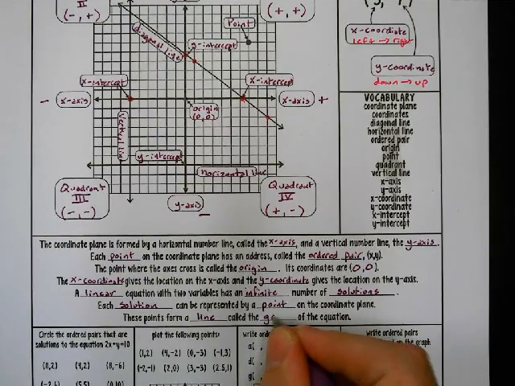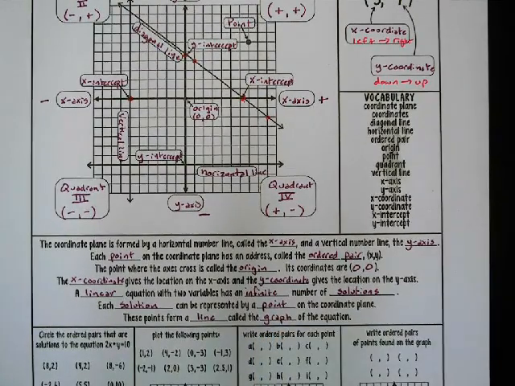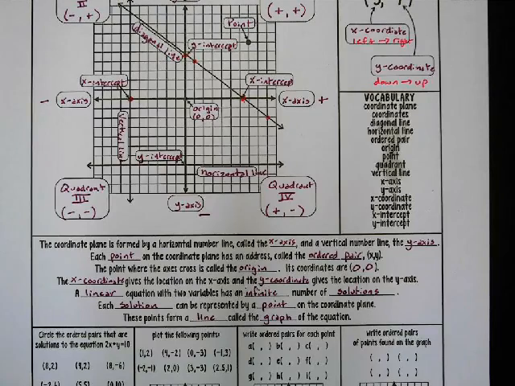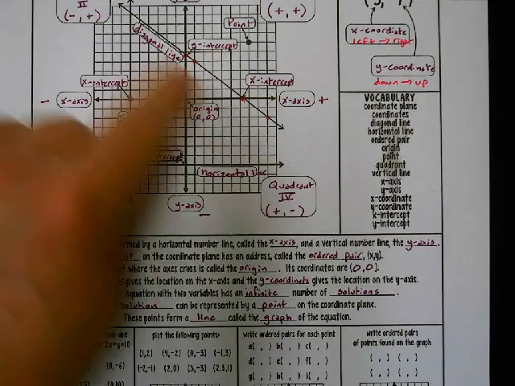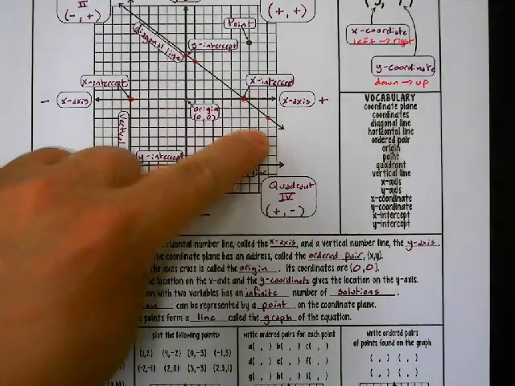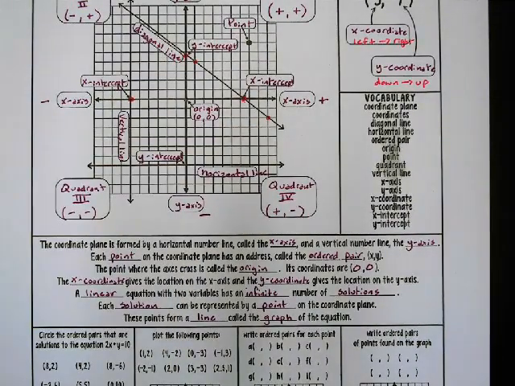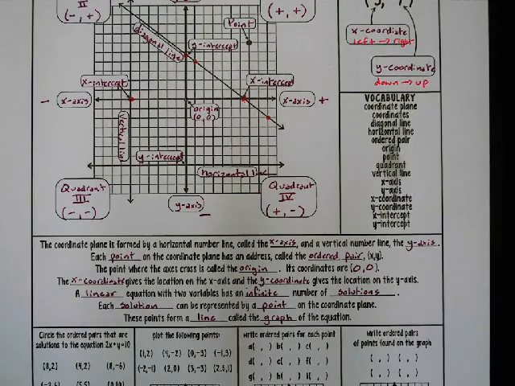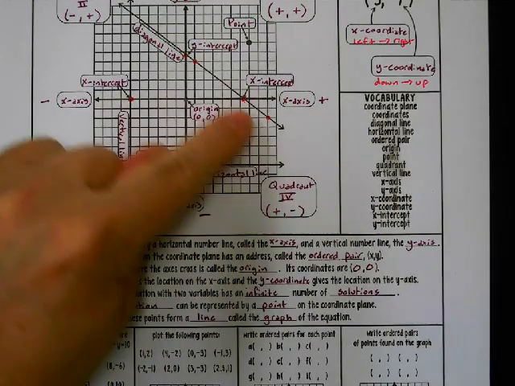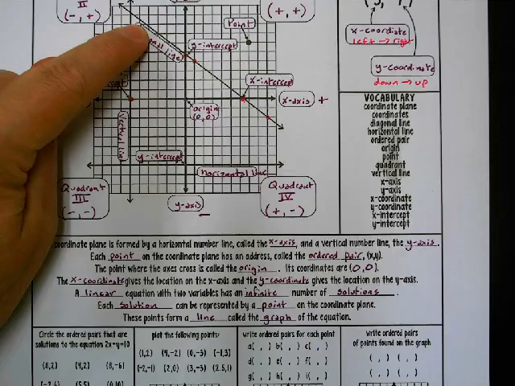And we'll get a little bit more into that in some other lessons. All right, so every point on the line is a solution to the equation. And when we plot the points of an equation, that's called the graph of the equation.